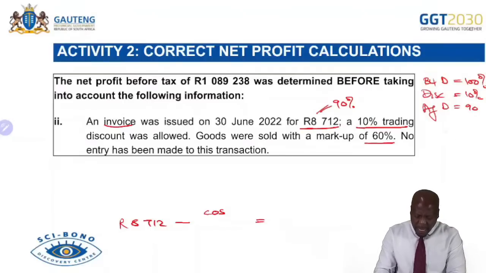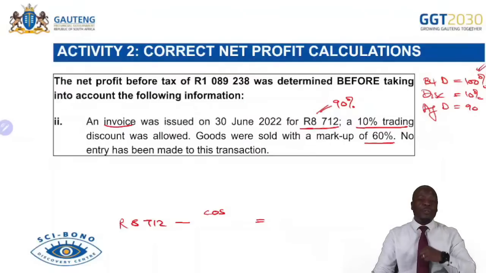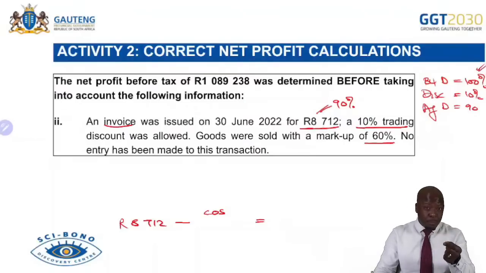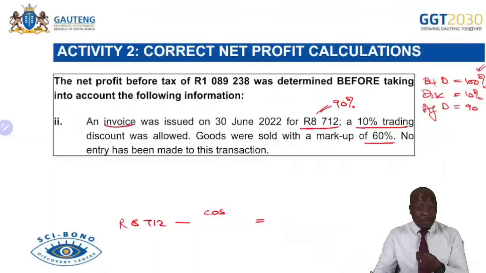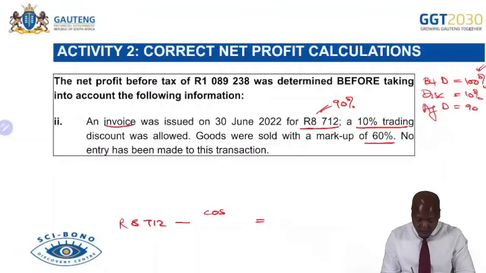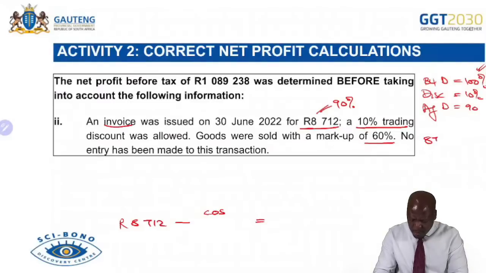But if I come here and I want to calculate profit, first, I have to come back to the original price that we were supposed to have sold the goods before the discount. How much was it? Then I can then calculate the cost of sales. So if I say 8,712, multiply this by 100 over 160, this is wrong.